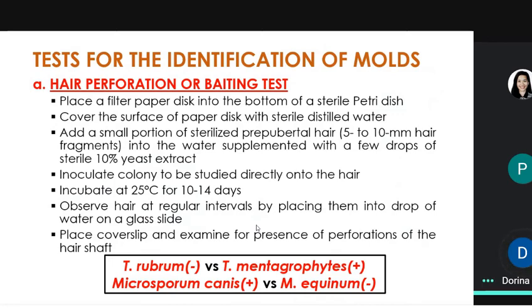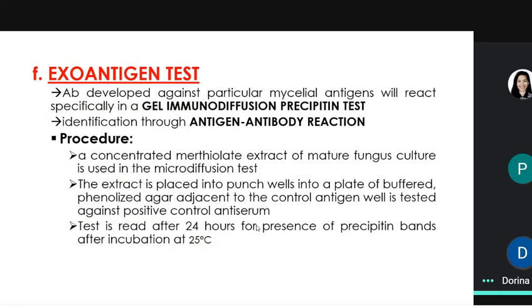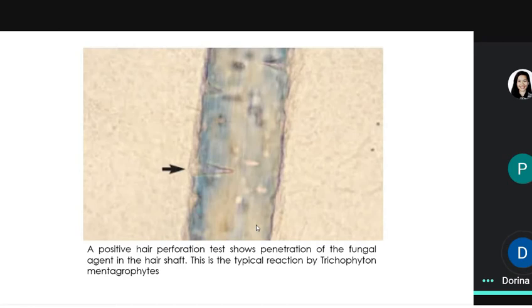Now, for the different tests in the identification of molds, we have the hair perforation test. Then you also have your urease test, thiamine, Trichophyton, growth on rice grains, and more. Now, exo-antigen is the serology from our algorithm earlier. Okay?